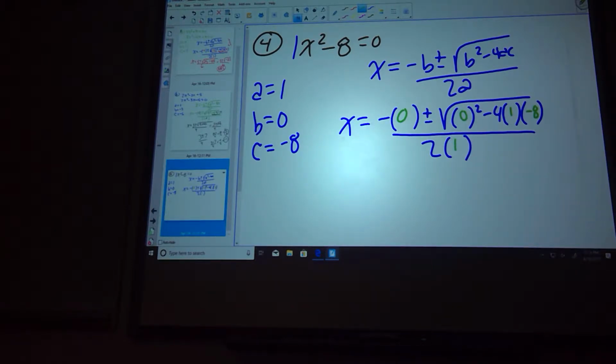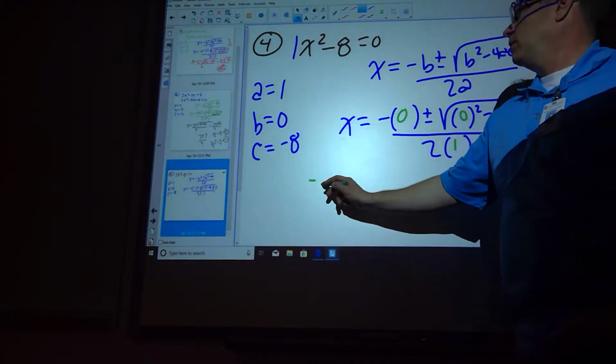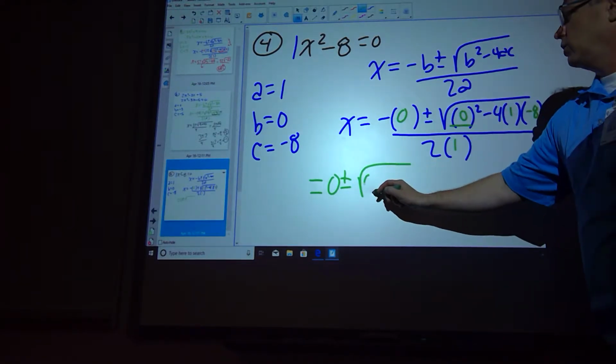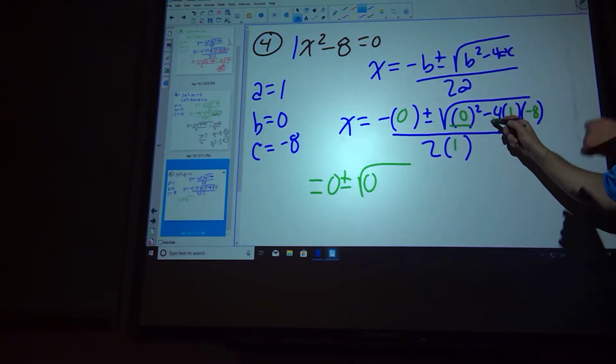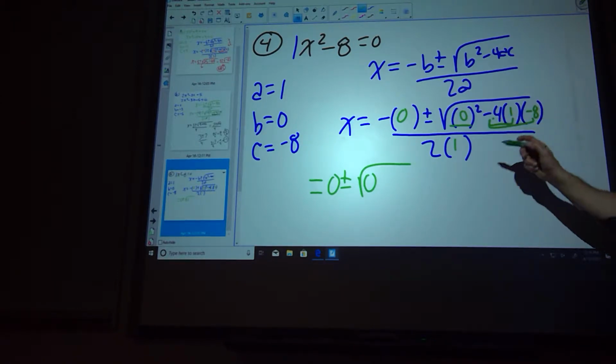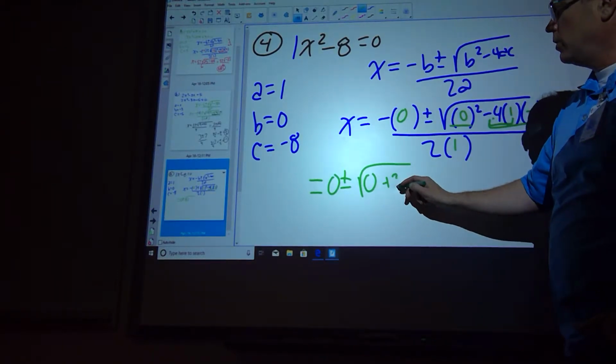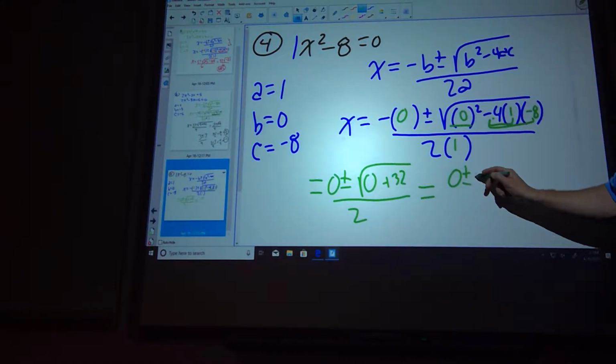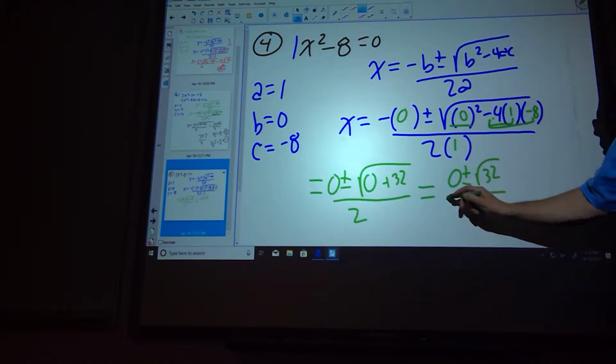Agree? What's negative 0? Just 0, right? So I get 0 plus or minus the square root of 0 squared, which is 0, minus 4 times 1, which is negative 4, times negative 8, which is positive 32, all over 2. So I get 0 plus or minus root 32 over 2.